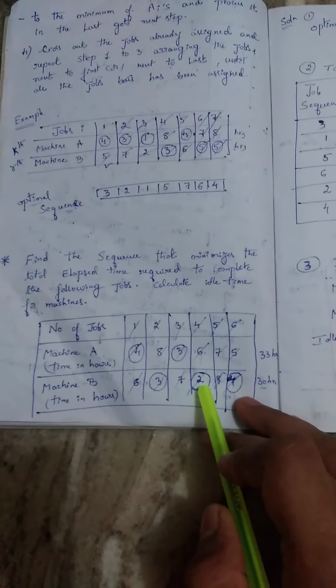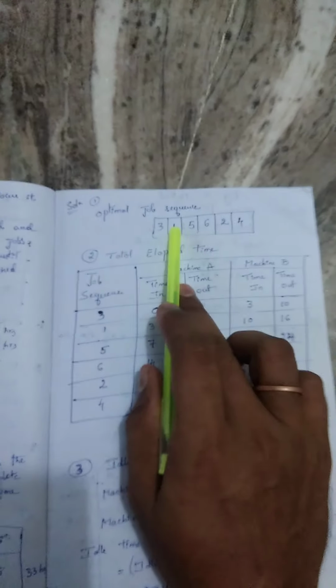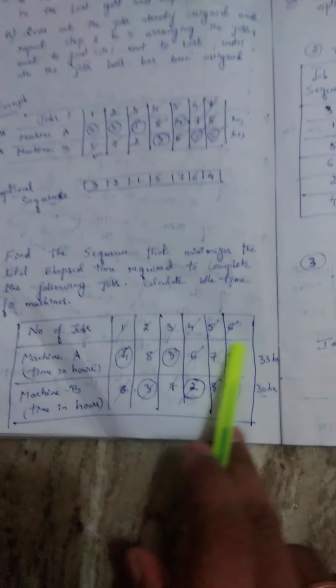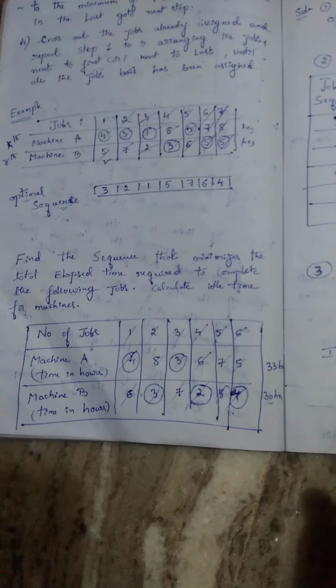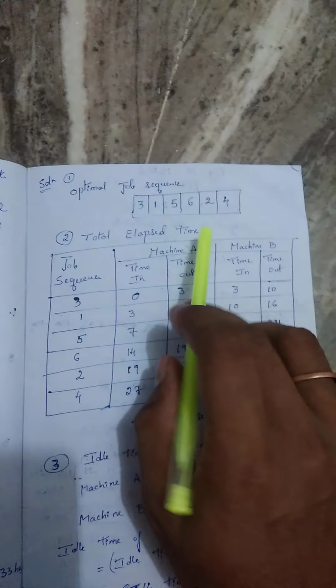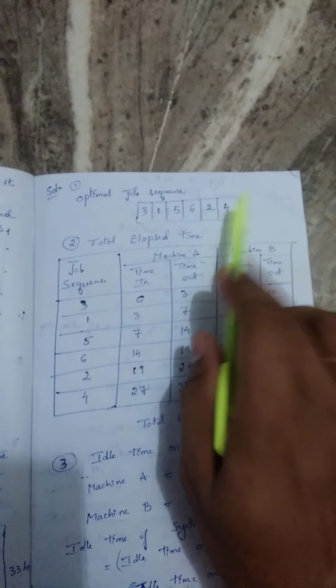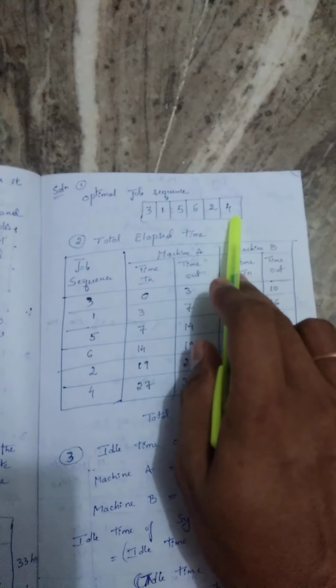That means we are placing this job at the end of the job sequence. There are 6 jobs, and we are finding the sequence order with the help of the Johnson algorithm. Therefore, the fourth job we are placing last.